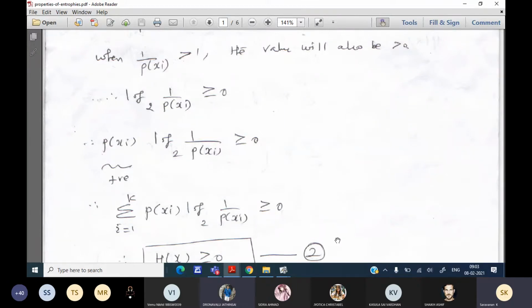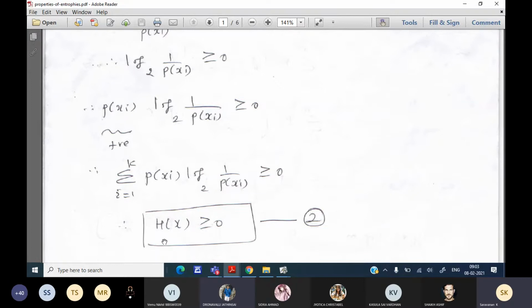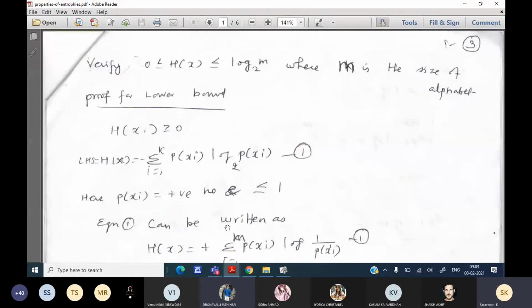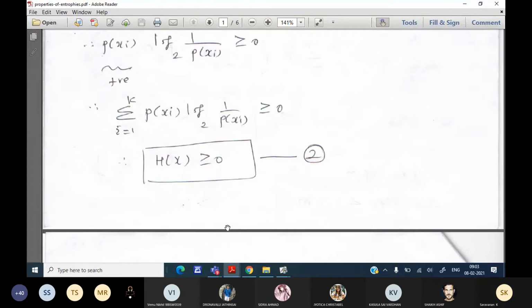So we have proved the lower bound, H of X greater than or equal to 0. This is the lower bound. This is clear. It is a simple proof.